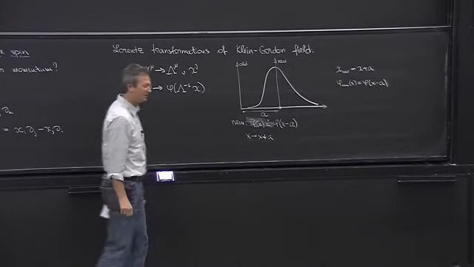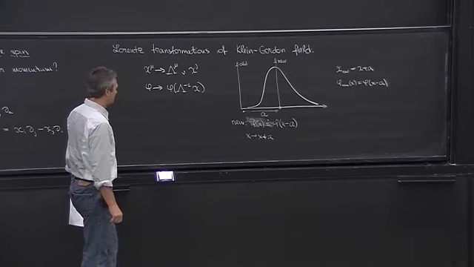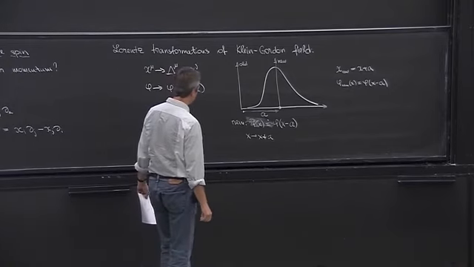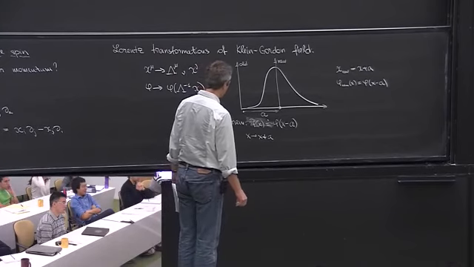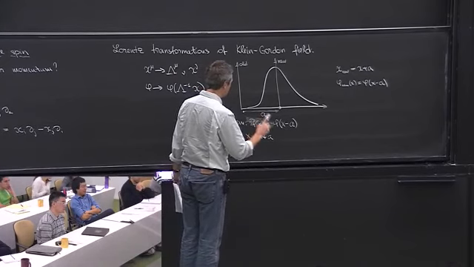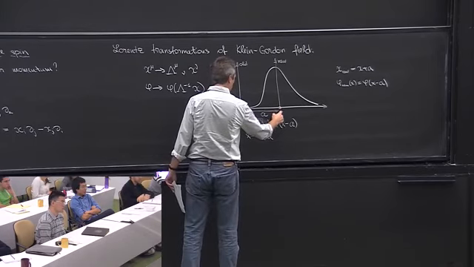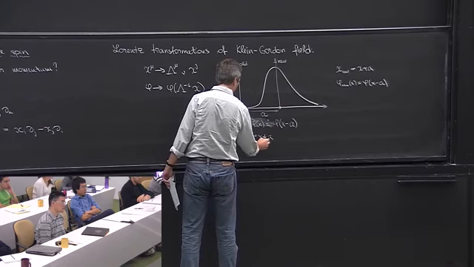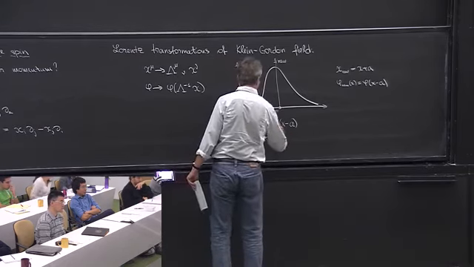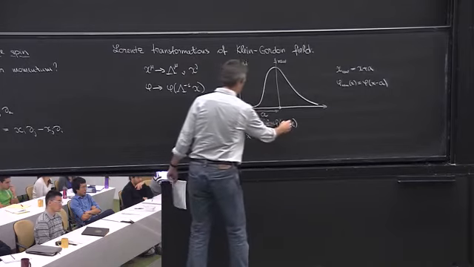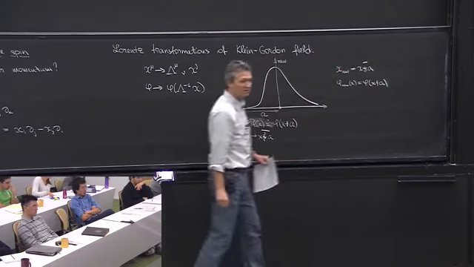That should be x minus a because the new 0 is at old x equals a. Yes, you're right. I'm sorry, so here should be minus. To conform with this picture, here should be plus, here should be minus, and here a plus.